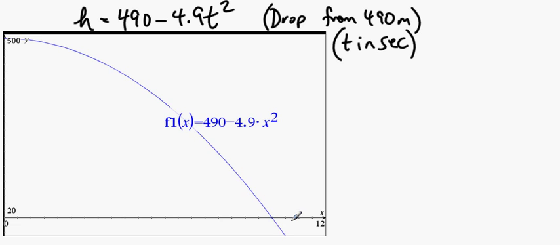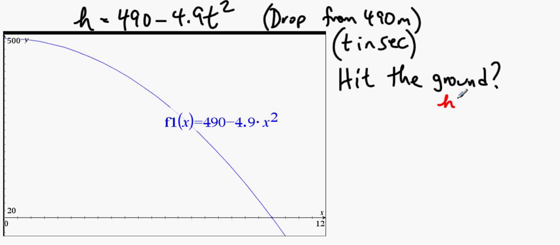So what happens now? Well, we figure out some things about the ball, like when does the ball hit the ground? Well, if I want to know when the ball hits the ground, I have to know where the ground is. The ground is where the height is 0. Well, the height is the vertical axis, so I want to know where the height is 0.